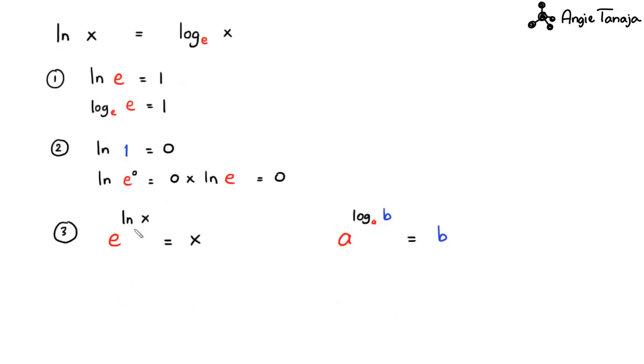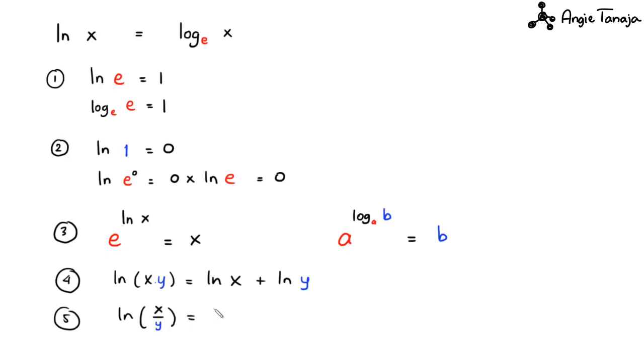Because ln is actually the same thing, natural log, so it also has the same properties as log. So ln of x times y is just ln x plus ln y. Also for division, ln of x over y is equivalent to ln x minus ln y.